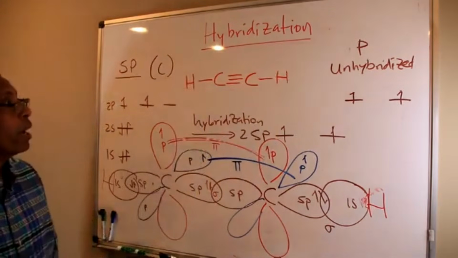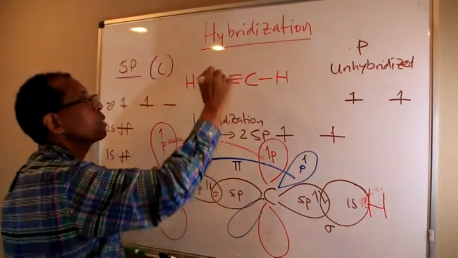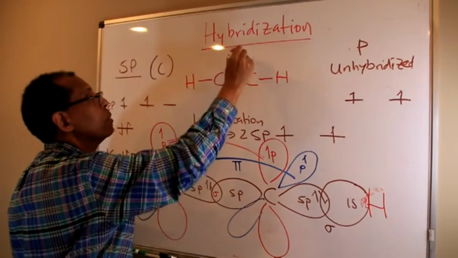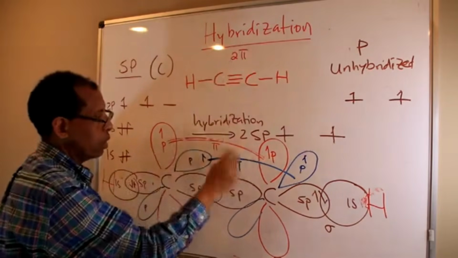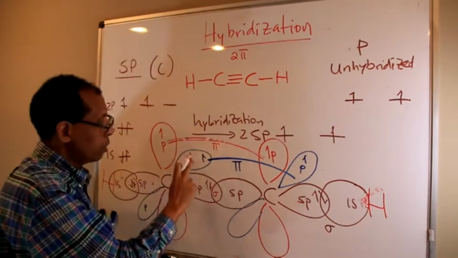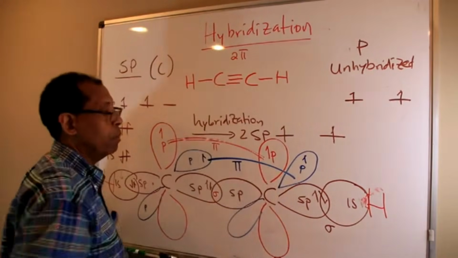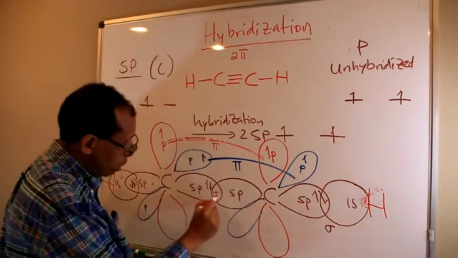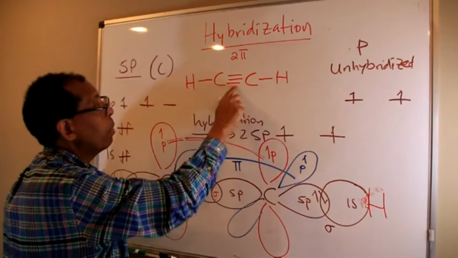So if we were to account, we have 2 pi bonds, right? Because this p-p interaction gives you 1 pi bond. This p interacting with another p gives you the second pi bond. And the sigma bond, which is the hybrid sigma bond here.